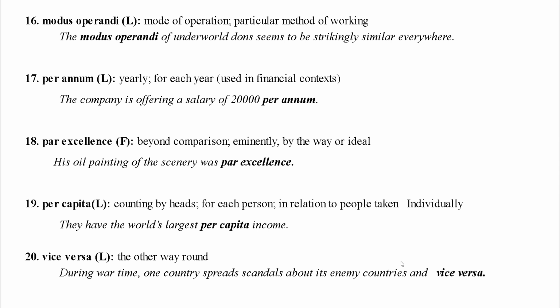Next is per capita, which is of Latin origin: counting by heads, for each person, in relation to people taken individually. They have the world's largest per capita income. So a government's income is calculated by the heads of each person. Individually it is counted. For economic students, they may be able to understand this easily.